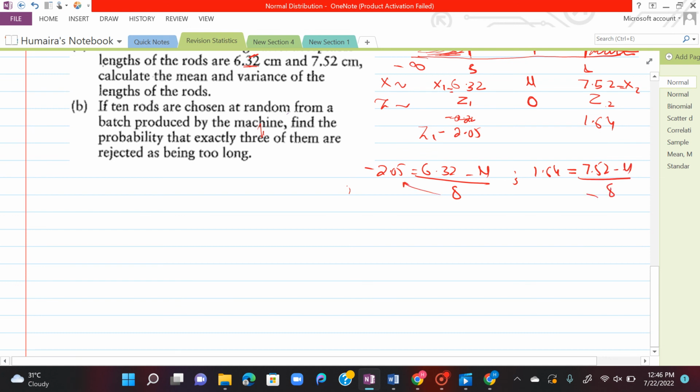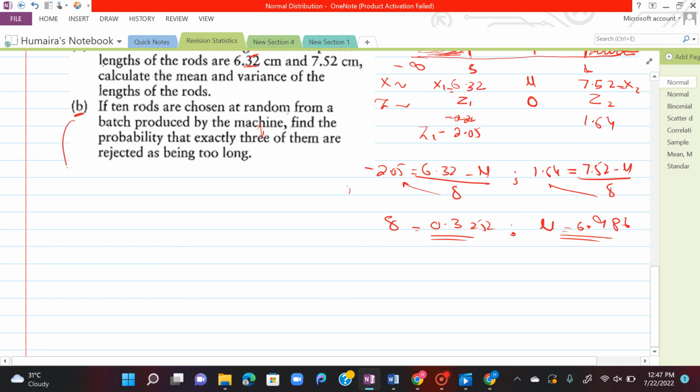Again same thing, do cross multiplication, solve it simultaneously as I have solved earlier. So sigma you will get as 0.3252, and mu equals 6.986. Do check the answer by solving it yourself. Maybe there is a 2-3 decimal place difference. That is quite fine, because all the values are rounded, so it's all right.